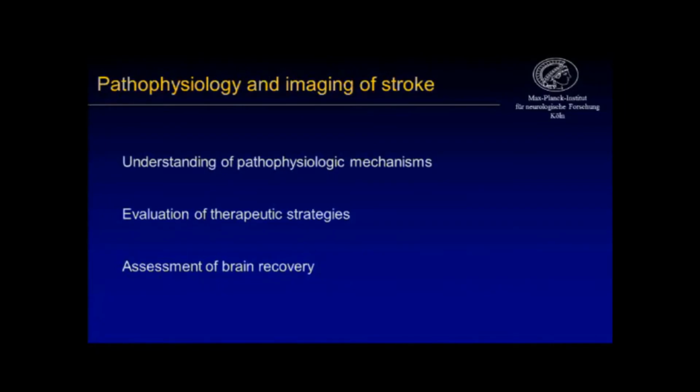And then, of course, if you want to evaluate a therapeutic strategy approach, you should be able to evaluate what imaging can do in that case. And the last issue, of course, would be the assessment of brain recovery while evaluating therapeutic success. But I'm not sure if I will come to this within the limited time here.